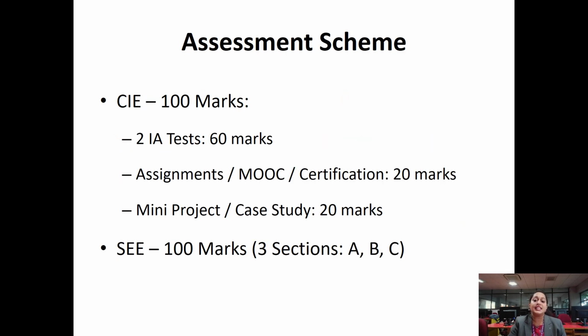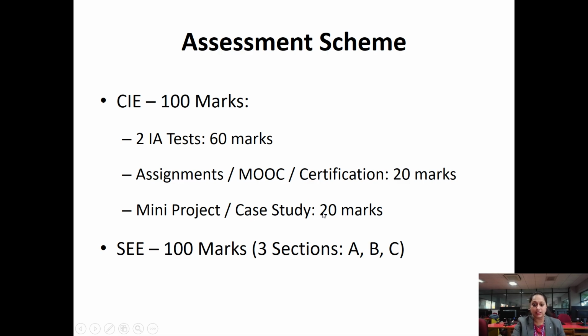So this is the assessment scheme. As you all already know, we have CIE marks of 100, and this consists of two IA tests, which are of 30 marks each. So total 60 marks is for the IA test, and you will be given one assignment or one MOOC course or one certification course, which is of 20 marks, and you will also have a mini project or some assignment kind of thing, which is based on a real time scenario.